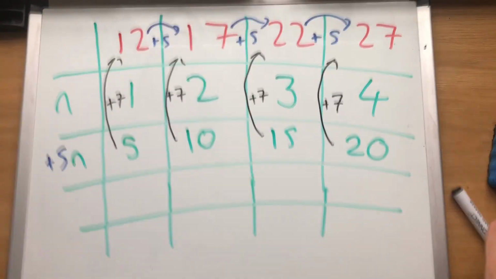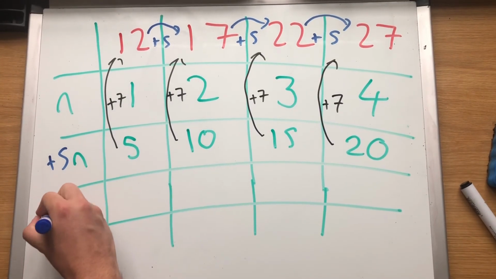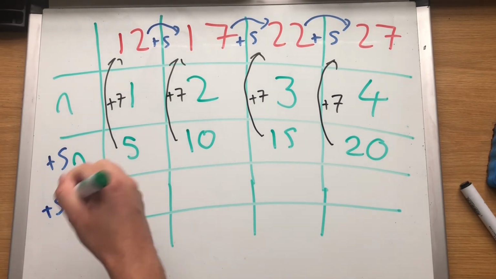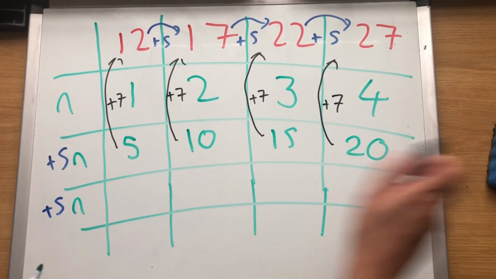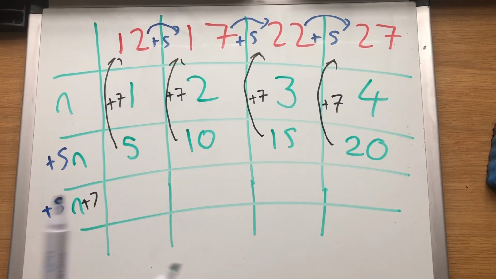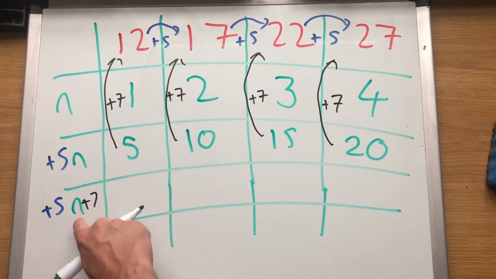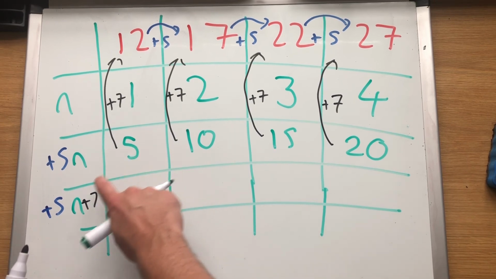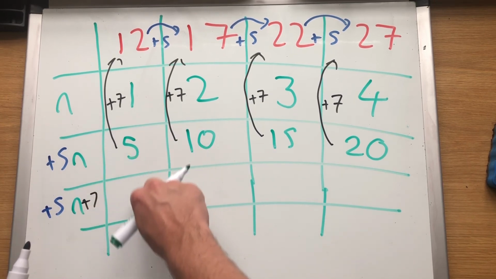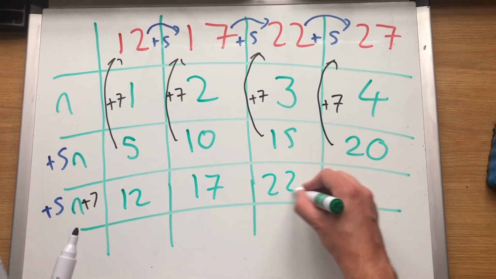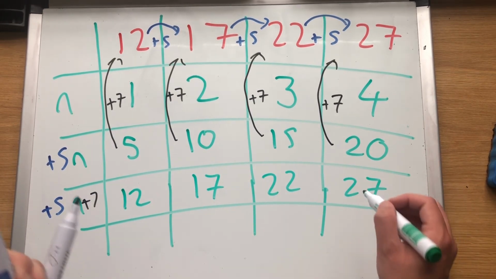So now what we want to do is plus 5n and then plus 7. So we have got this line here, 5n, but we're adding 7 this time. So this line here, the only difference is we're adding 7. 5 plus 7, 12. 17, 22, 27.